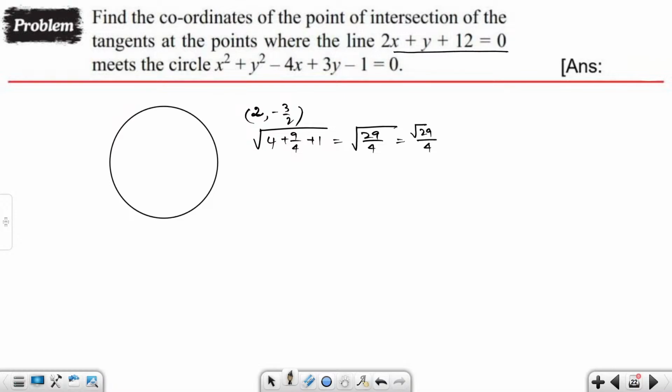Okay. So we know the center, we know the radius, and they have said that there is a line which is intersecting this circle at 2 points. And at these points, we have drawn 2 tangents.